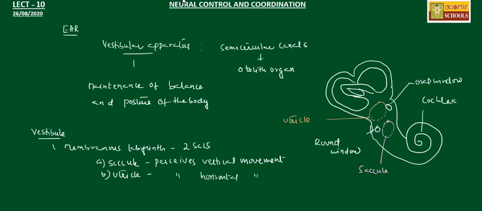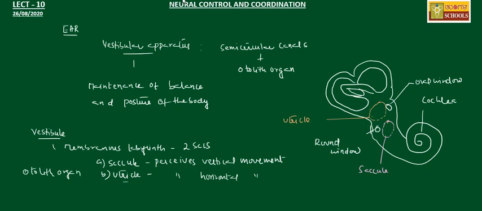So when we go in a bus or a car, that movement is received by the utricle, and when we have a vertical movement, that is received by the saccule. So the saccule and utricle together are called the otolith organ.